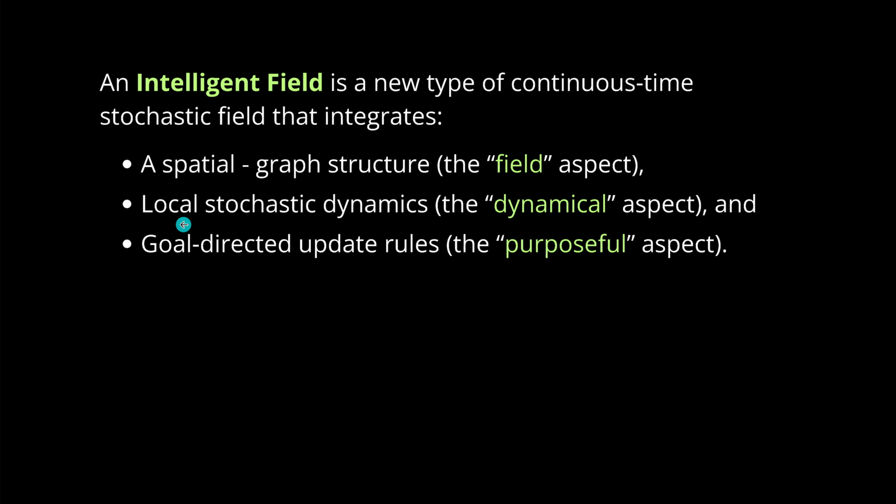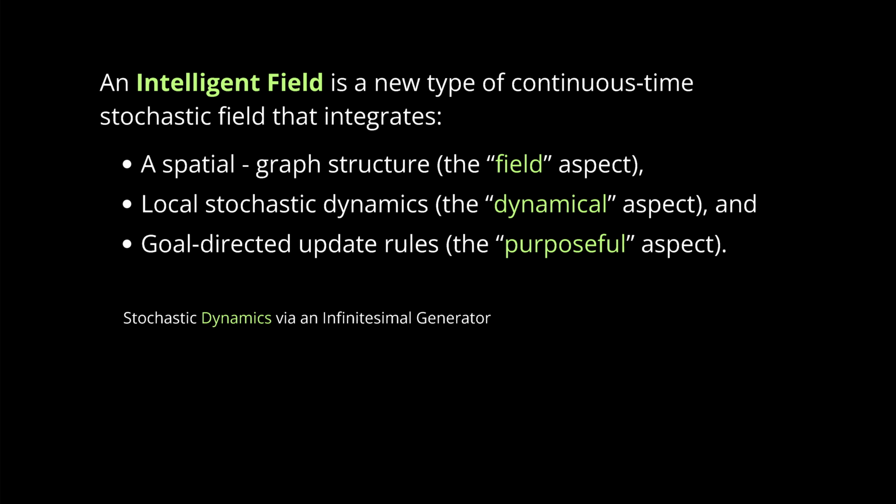We have a local stochastic dynamic, of course. We are talking here about probability distributions in the dynamics. And we will have the overall goal for the complete system to optimize itself to achieve a better learning. This is all that we need.